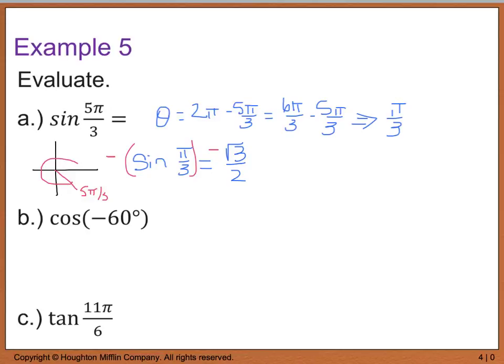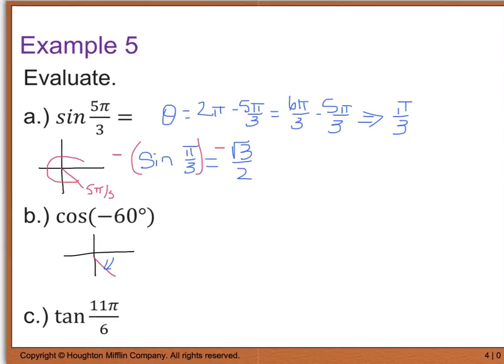Likewise, for the cosine of a negative 60 degrees, when I plot this out, a negative 60 degrees is actually going to occur in this region as well. Now on this one here, because this is a negative 60 degrees and I'm looking at the cosine value, I'm in the fourth quadrant.